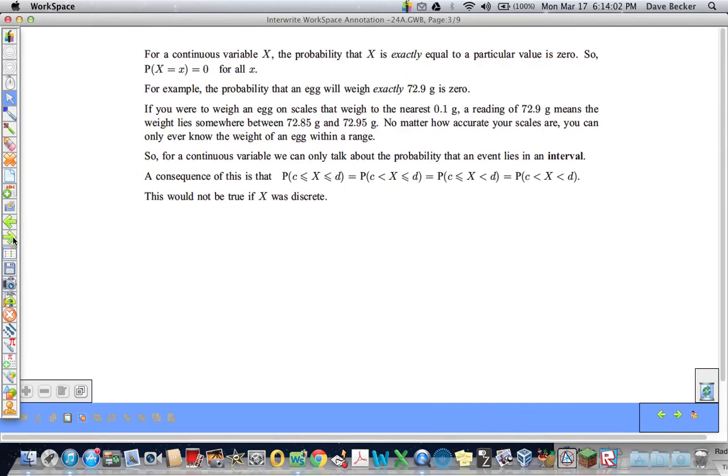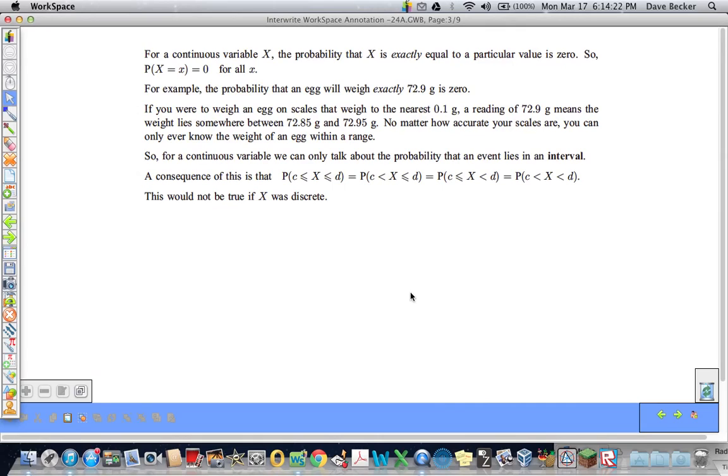Okay. So what is this all about? Well, what is continuous data? Continuous data is like weight or temperature because it's continuous. If something increases in weight from 25 grams to 30 grams, it hits all of the weights in between.